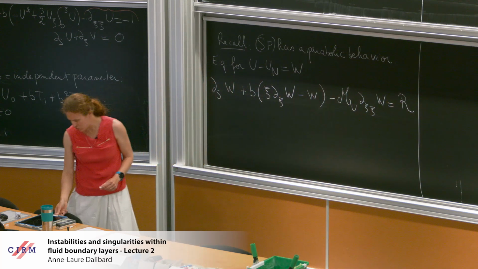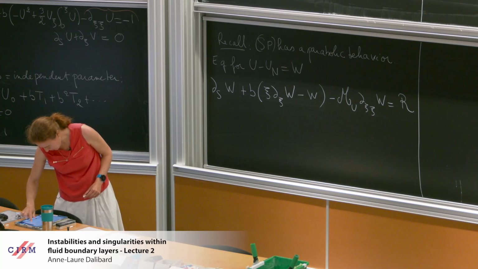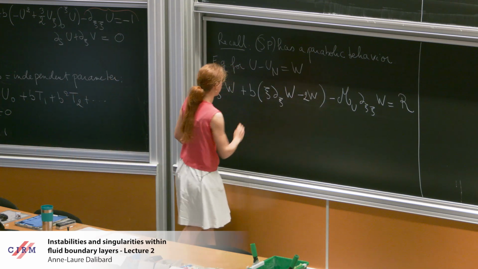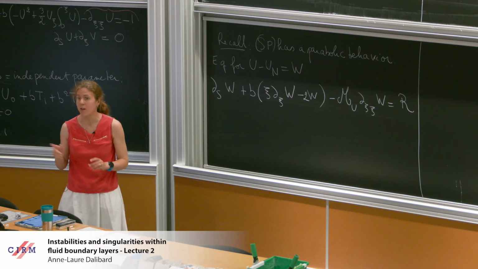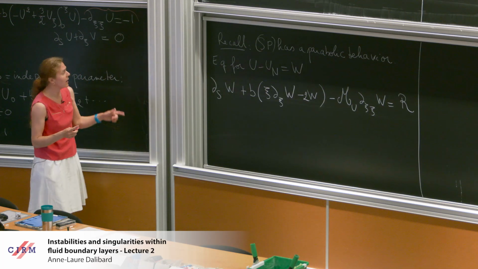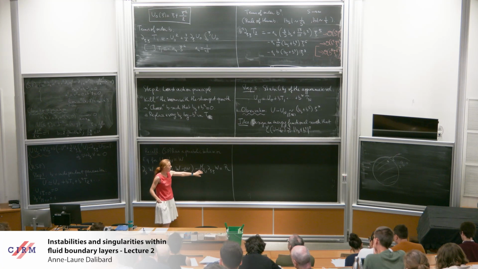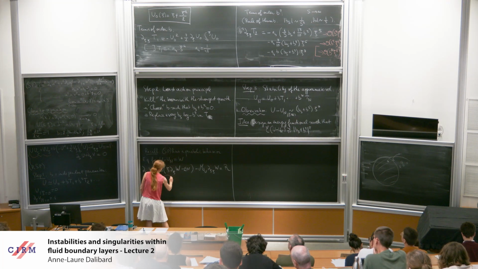Okay, let me just check the coefficients. It's not really important, but yeah, there's a 2 here. Okay, so again, it's exactly the same computation as the one that I did yesterday for stationary Prandtl, except that here I have this additional b term, and this additional term behaves well when you apply the operator capital mu, okay, and it just gives you, so we have a transport term here.